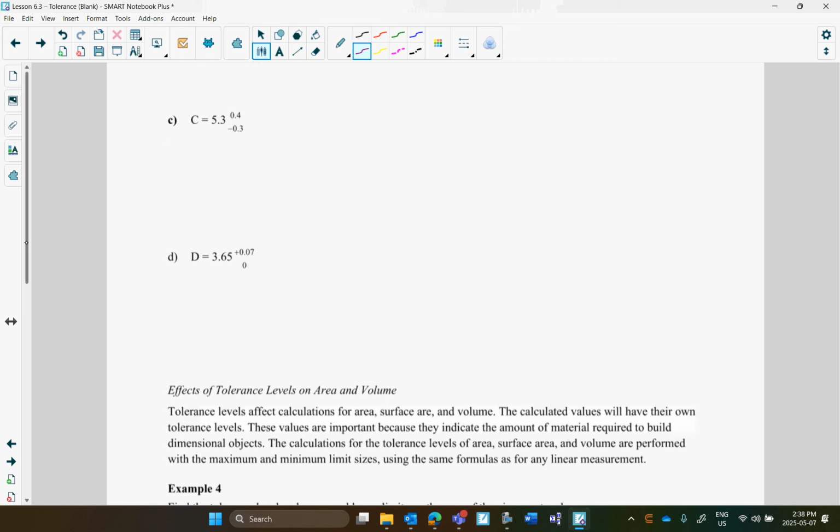Okay, this one. What's the upper? 5.3 plus 0.4 gives me 5.7. What's the lower? 5.3 minus 0.3.